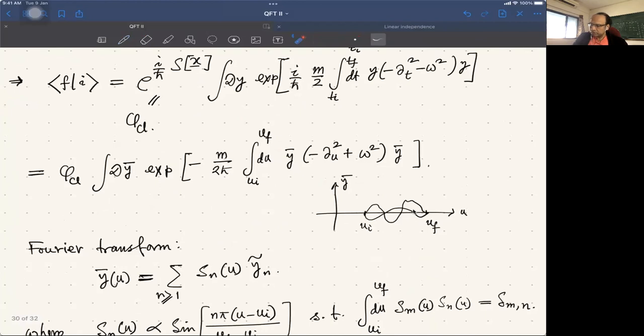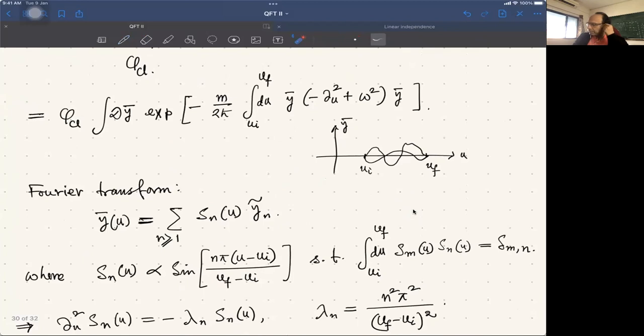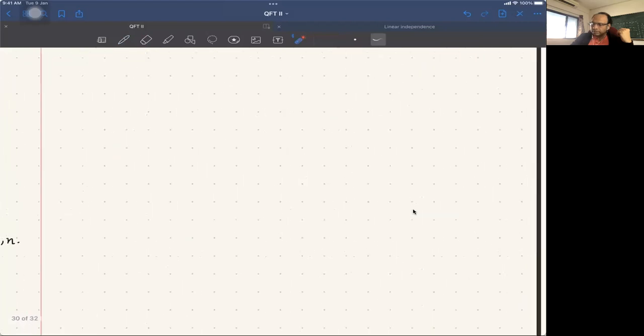When you have these two Sns and then the u integral, it will be a double sum with a Kronecker delta. Therefore, after absorbing the Kronecker delta, you'll be left with a single sum.